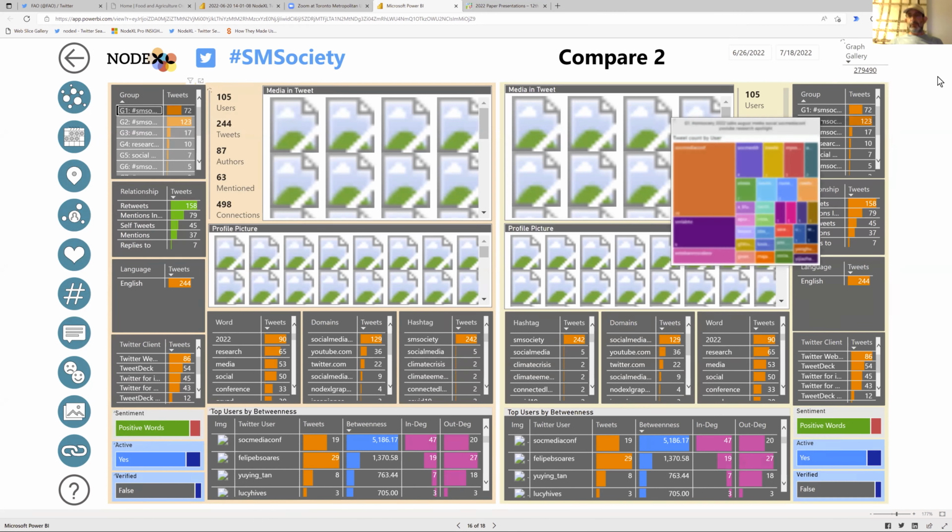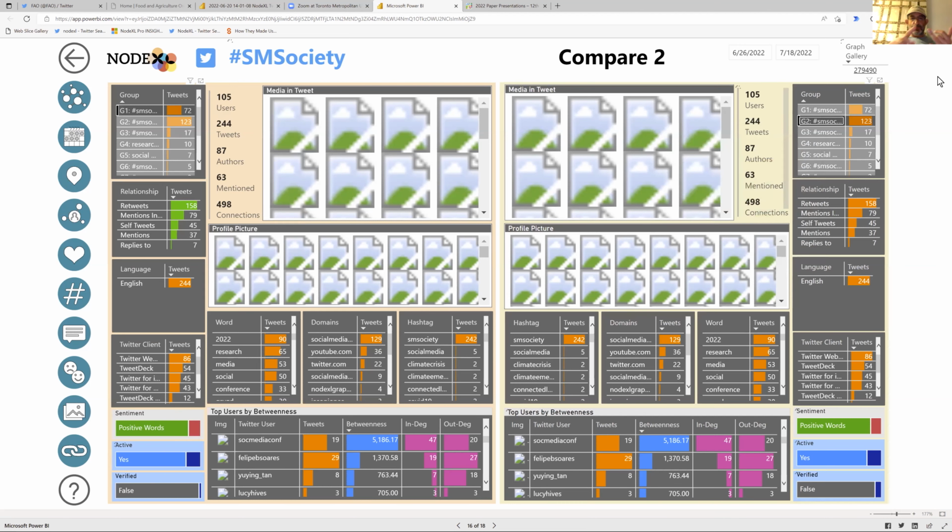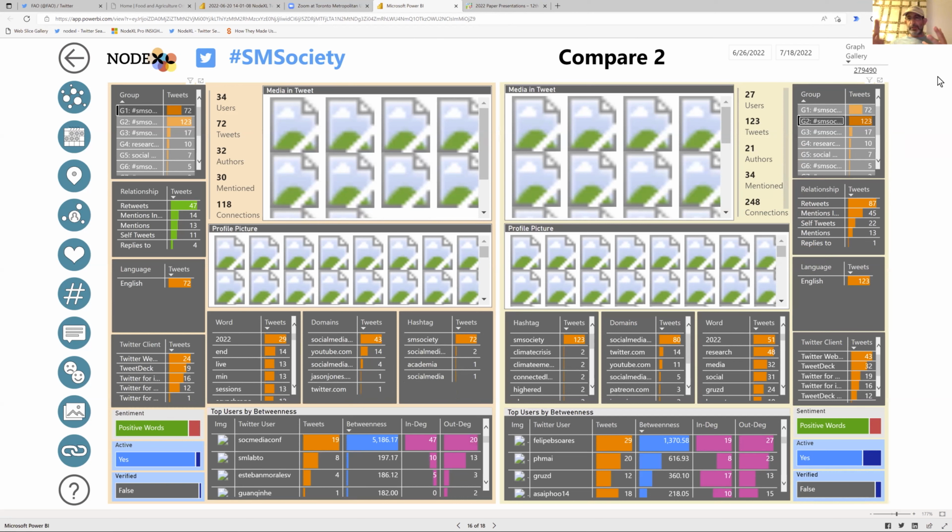And we'll just click group 1, group 2, and in a few seconds, we should see the words, the domains, the hashtags, the top users, the client, the language, everything should change. And you should get a displayable, a presentable image that perhaps is tweetable, but maybe it's also something that can be put into a paper. Maybe it's actually something that is an analytic artifact.